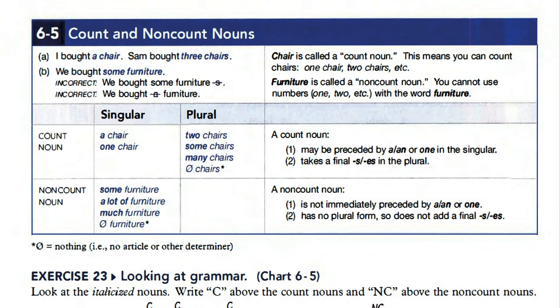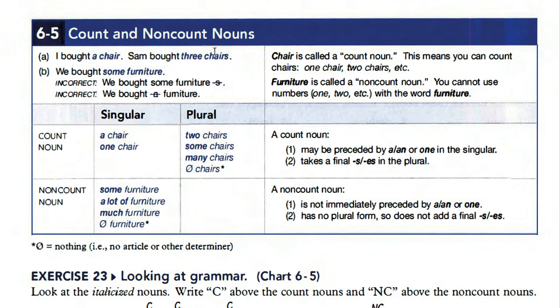In the first example, I bought a chair, Sam bought 3 chairs. I bought an article A, and Sam bought S for the word chair itself.